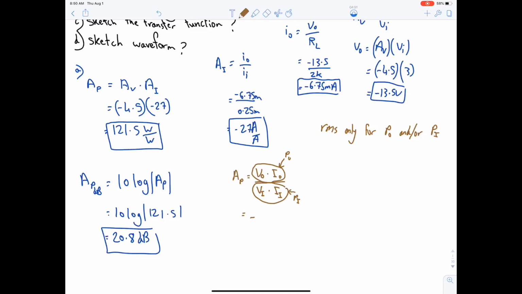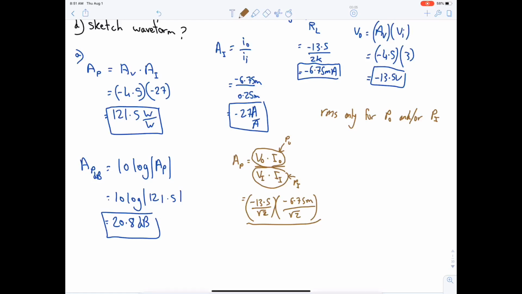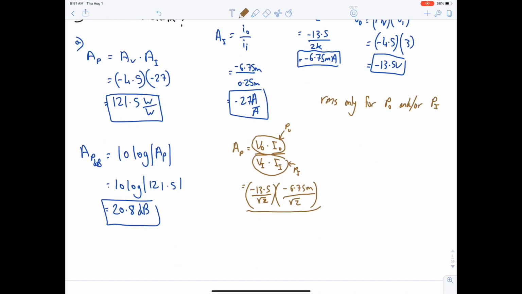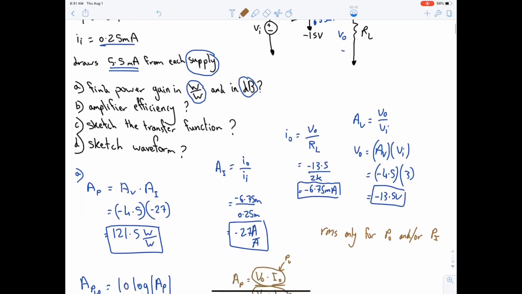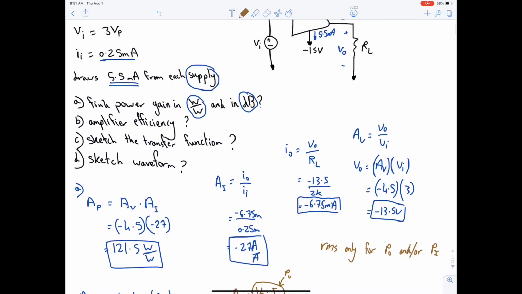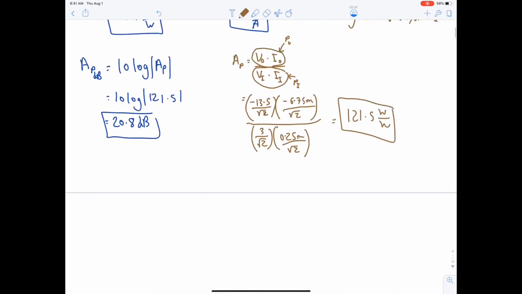V output is minus 13.5, but we need to do the RMS, so divided by root 2, multiplied by I output, which is minus 6.75 milli divided by root 2, divided by V input, which is 3 divided by root 2, and I input is 0.25 milli divided by root 2 again. This will give us 121.5 watt over watt, which is the exact same answer.